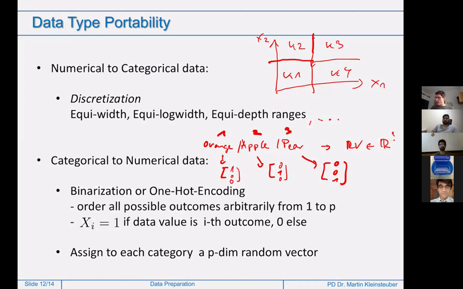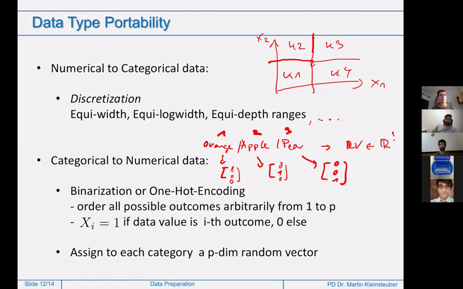And now, if you say, well, why not going into R^1 and saying orange is -1, apple is 0, and pear is 1, right? Why not doing this? Because then you would introduce a kind of measure that would bias your algorithm, because the distance from orange to apple is smaller than the distance from orange to pear, and you would have apple somehow as the average of orange and pear, which does not make any sense.